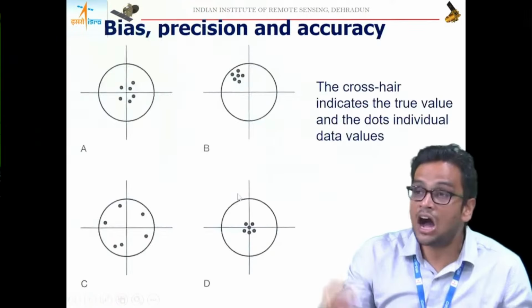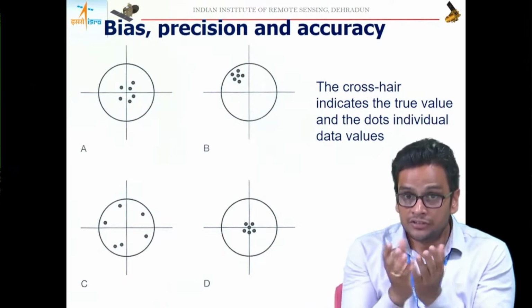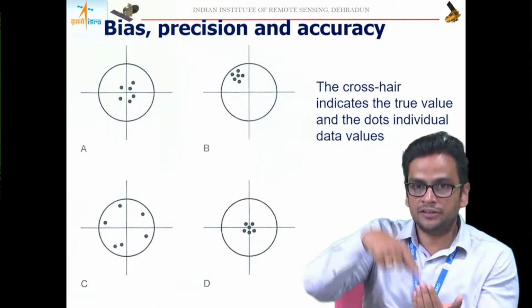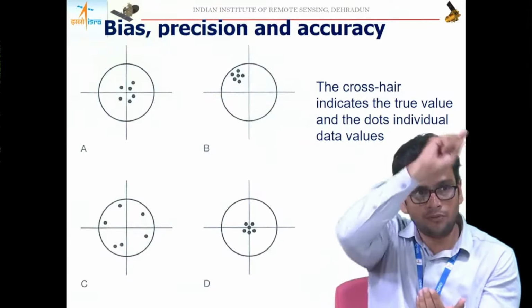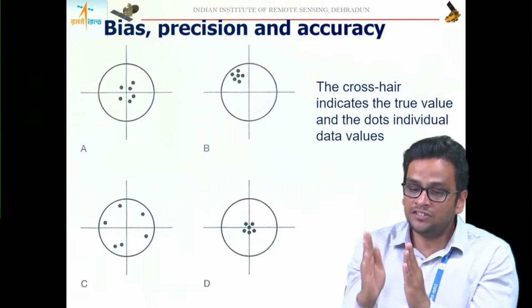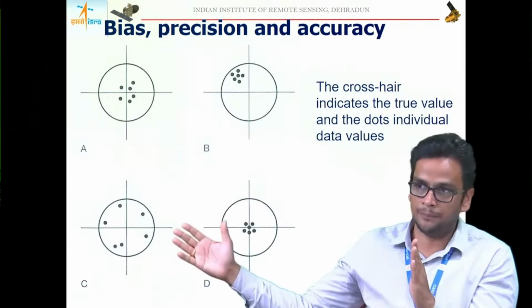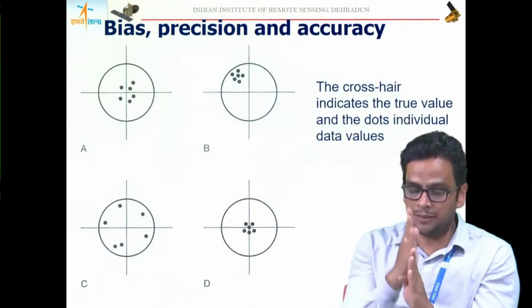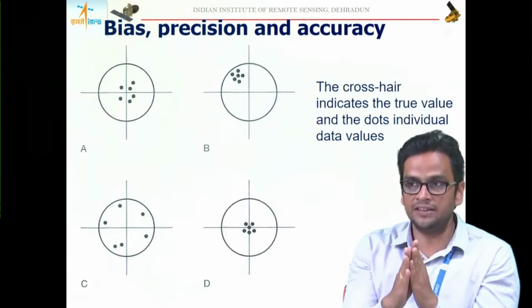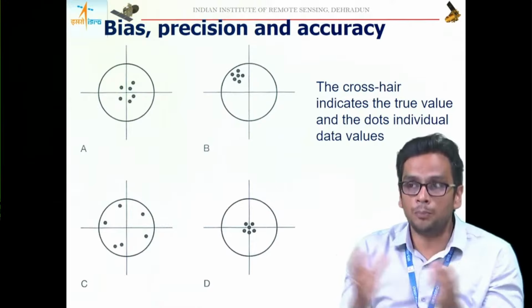You take observations using the GPS device. One point comes, then 2, 3, 4 points. How close is one to the other? It should not be that one has a large deviation from the previous one. The first is close to the second, the second is close to the third, and the third is also close to the next. So it is more precise.